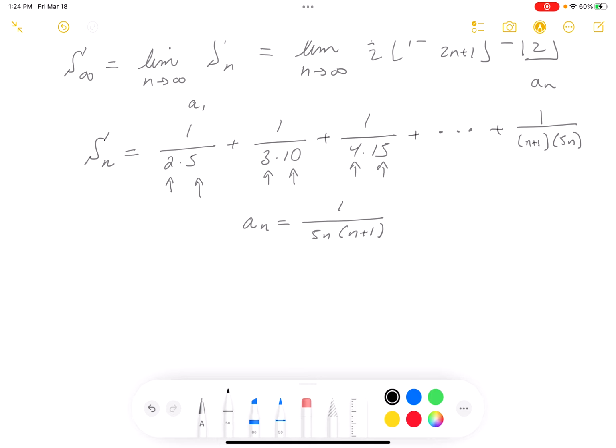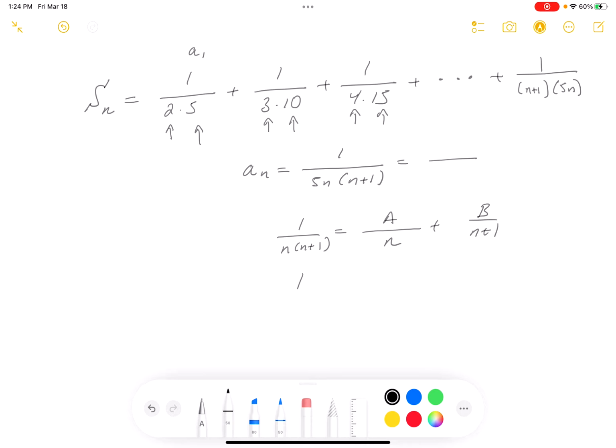I'm going to split it up using partial fractions. So I'm going to say this is equal to, we've got to be careful here, don't I? You know what I want to do? I just want to do the partial fraction for this one over here. And by the way, I know that's 1/5 of it, but I just want to do this one. It's easier for me to do that. So it's going to be a over n plus b over n plus 1.